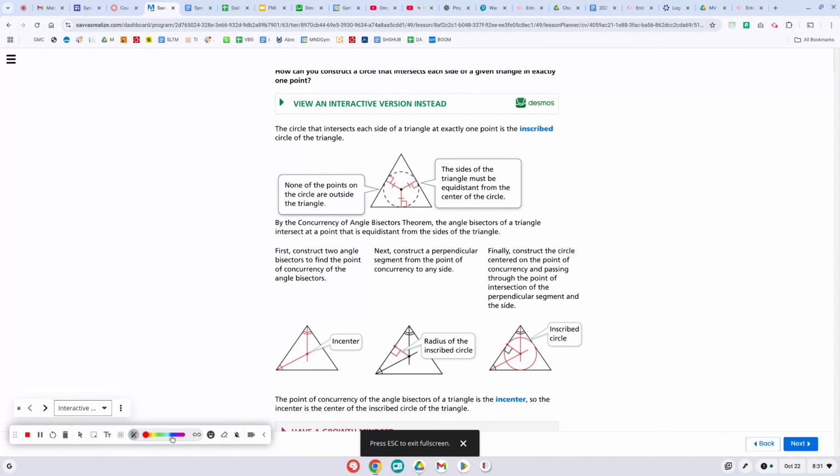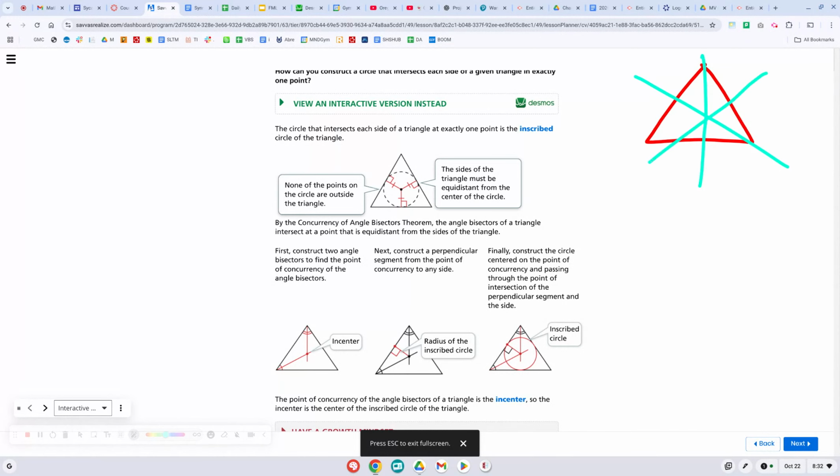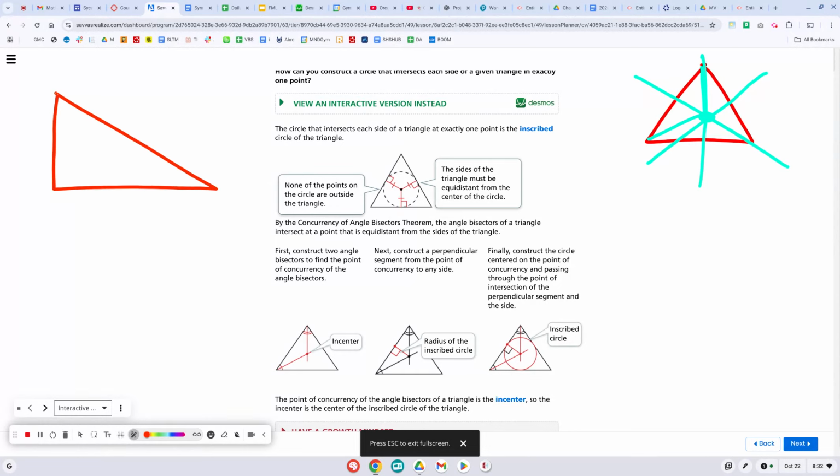For perpendicular bisectors, if the triangle is acute, then the circumcenter will be on the inside. Look, I'll just do it real quick. So there's the circumcenter, equidistant from the 3 points, okay? If we have our triangle be a right triangle, then the perpendicular bisectors will meet on the triangle.